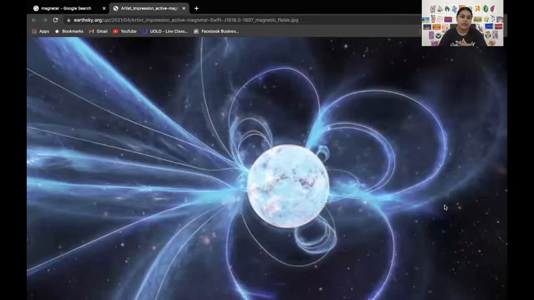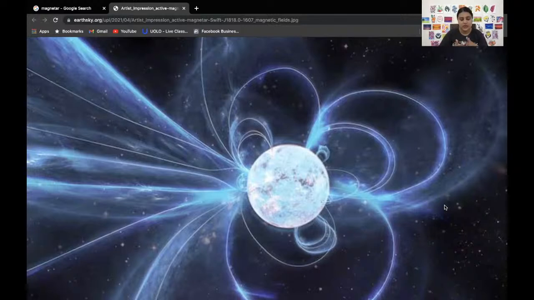So magnetars have an extremely strong magnetic force. Now, you do know that most stars have a magnetic force, even planets as well. They do have a magnetic force that creates the concept of gravity that keeps things together, right? But magnetars tend to have a very high level of magnetic power, more than what most stars have, more than what most planets have.